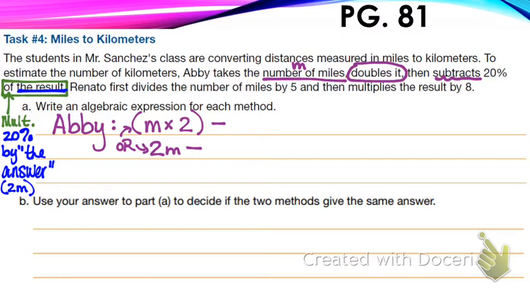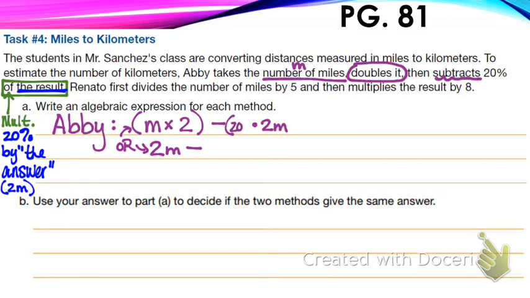How do you represent 20% of something? How would I find 20% of something? You told me of means to do what? Multiplication. So I know I'm going to need some multiplication here. 20% gets multiplied by the answer, which we said was 2m, right? How do I multiply 20% by something?